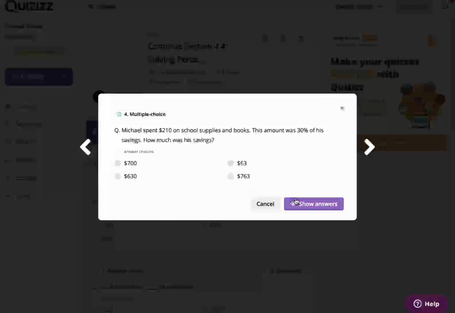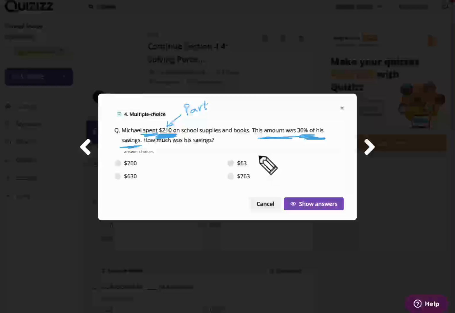we have here $210, and you should read the question carefully. That's what he spent. It's easy. And this amount is 30% of the savings. So this is part, not whole. And we need to find the whole. So let's do the same.